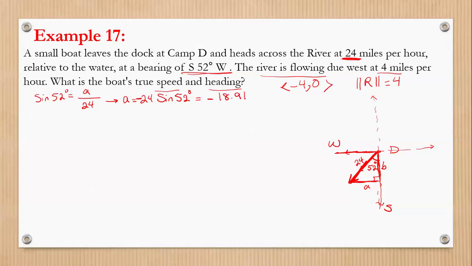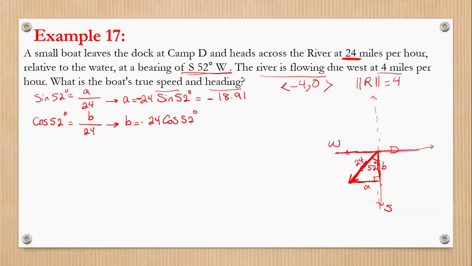I also need to find B by finding the cosine of 52 degrees, because the cosine gives me the adjacent over hypotenuse, which means B is equal to 24 times cosine of 52 degrees. But B is also negative because it's under the x-axis.